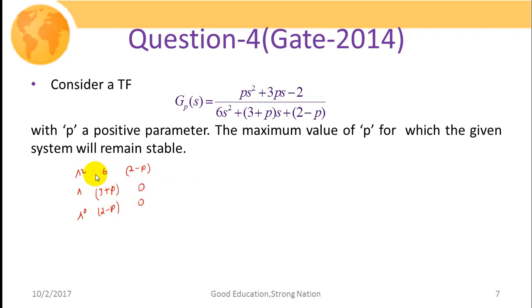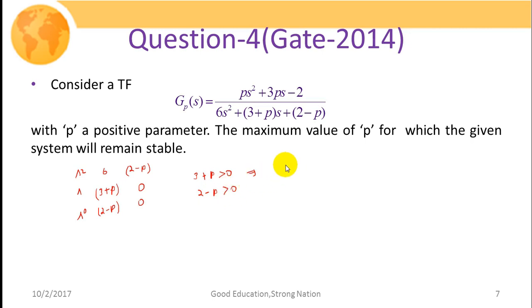For the stability of the system, the first column of the Routh array should not go through any sign change. As we have already seen, the first element of the Routh array is plus 6. So both 3 plus p and 2 minus p should be positive quantities. So the first condition is 3 plus p greater than 0, and the second condition is 2 minus p should also be greater than 0.